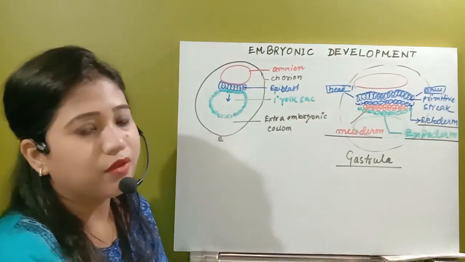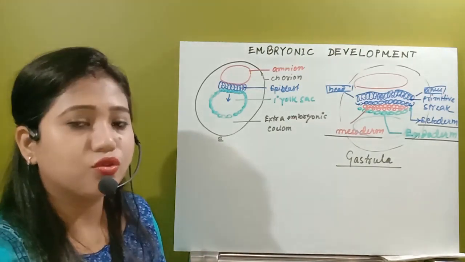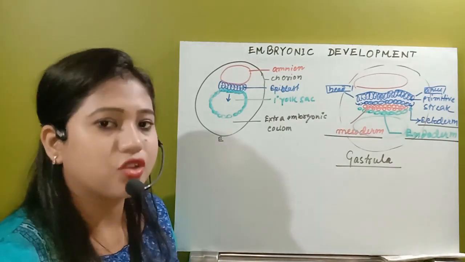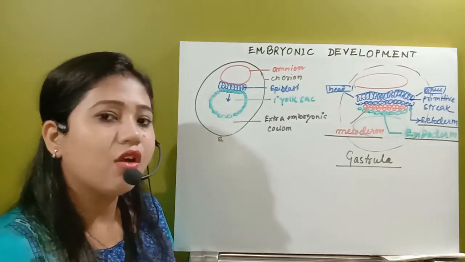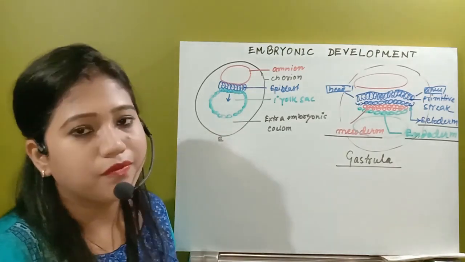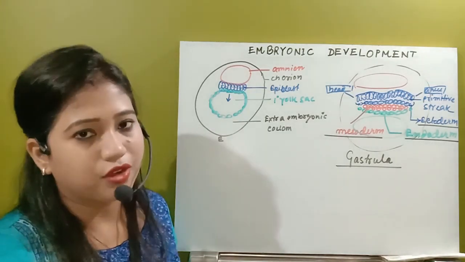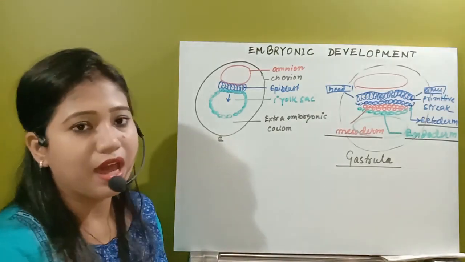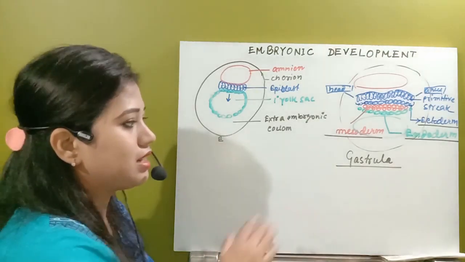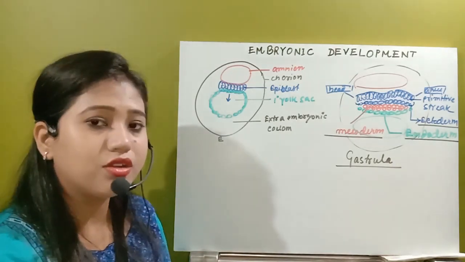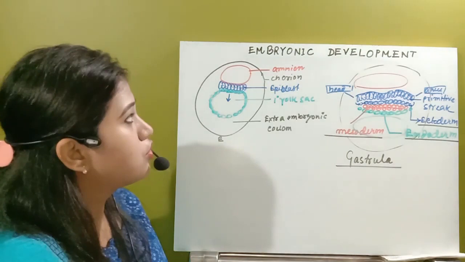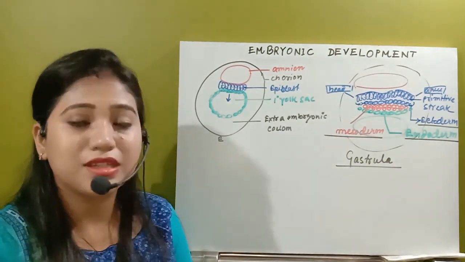The ectoderm will form the nervous tissue and the outer surface skin. What organs and types of tissues are formed from each of the germinal layers, you can see in different books. So those are the stages that happen in embryonic development, that is gastrulation. When all three germinal layers are formed, that is known as gastrulation. So here the embryonic development is completed.